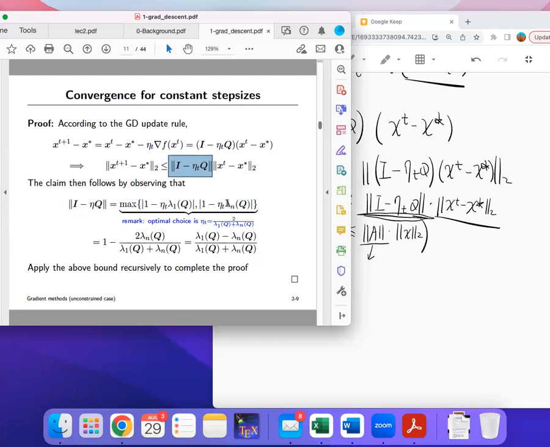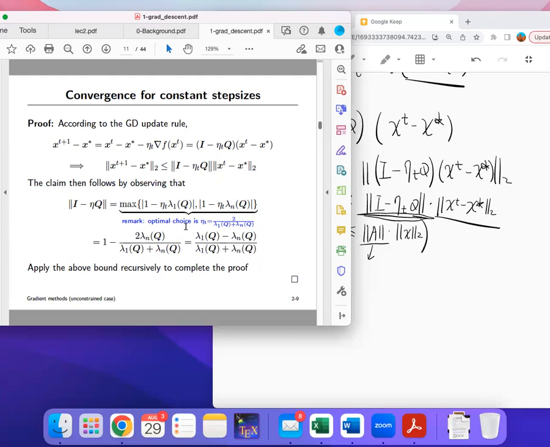And this coefficient equals this guy. Now what you do is to look for the eta t that minimizes this, and it turns out that this would be the eta t that you're looking for. It's 2 over the sum of these two. Now you plug it into this, and I think they will be equivalent.